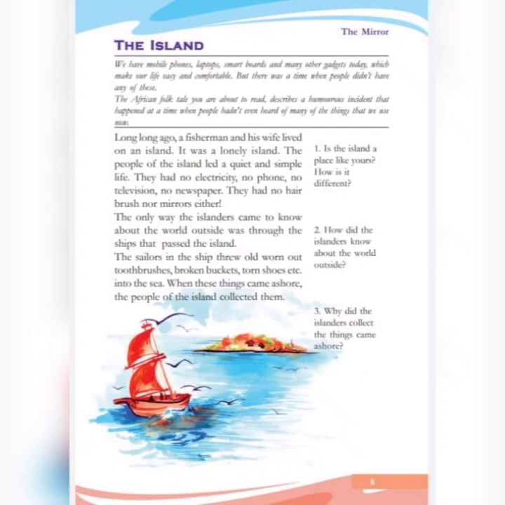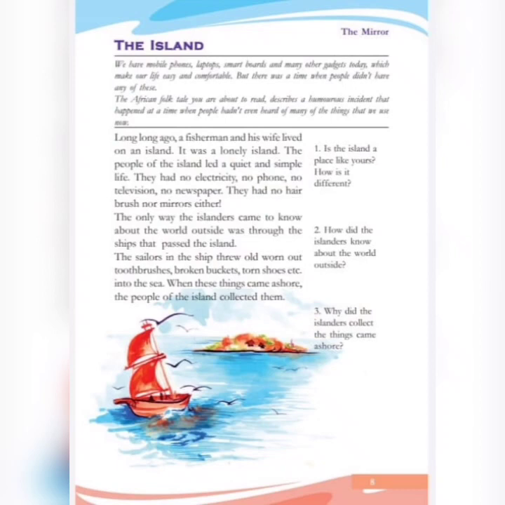Here is a story of a fisherman and his wife who lived on an island. Open your textbook and take page number 8. First, the teacher will read the passage. You must listen carefully by looking through the passage in your text. Okay.